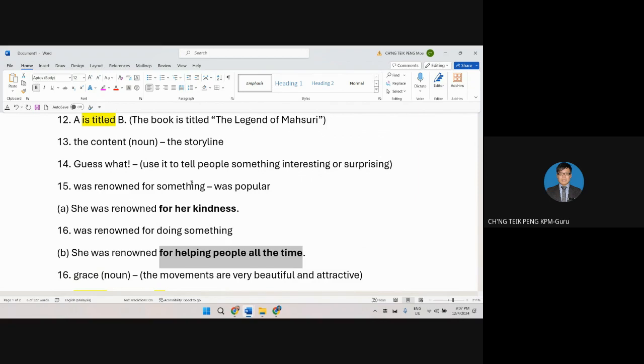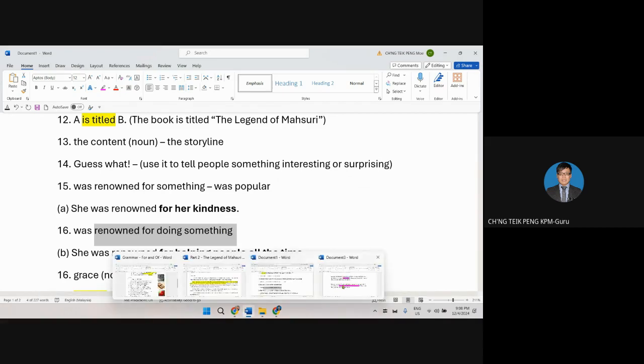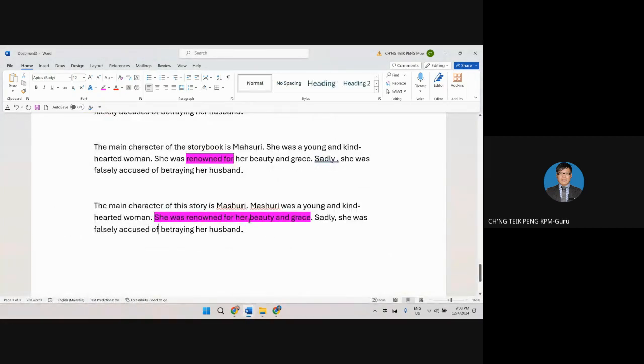For 后面如果你要放动词，你要放 ing。所以宇阳，你注意看啊，renowned 是很出名的意思。你要这样子用它呢，你有两种方法。Renowned for something，就是说 renowned 后面你要放名词，或者是 renowned for doing something，放动词加 ing。我们看你的句子啊，刚才你写 renowned for beautiful，所以这里直接错了，为什么呢？因为 beautiful 它是形容词来的，it is neither a noun nor a verb.